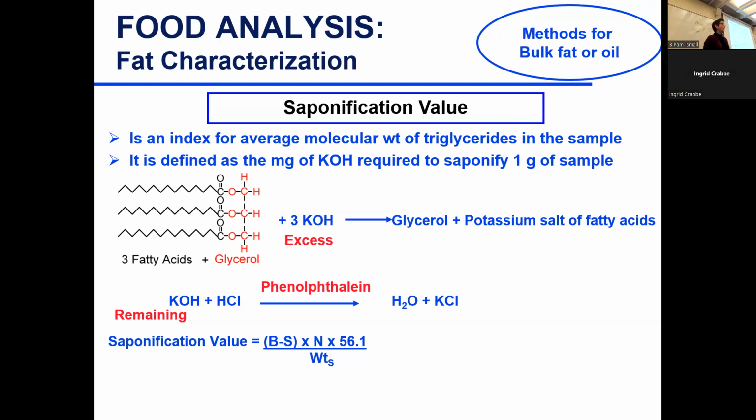Are you following me? Because it's in milligram, I would need to multiply by 1,000. But since here it's milliliter, if I divide by 1,000, these two cancel. That's why I don't have them. Milligrams per gram: I don't multiply by 100, and I don't divide by 1,000. Anybody would like me to repeat?